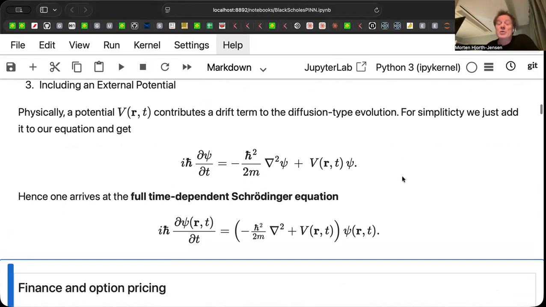Because when you're solving these equations, you have a benchmark on the Schrödinger equation. If you have the exact wave function, the solution to this differential equation, then the variance of the expectation value of the energy is exactly equal to 0.